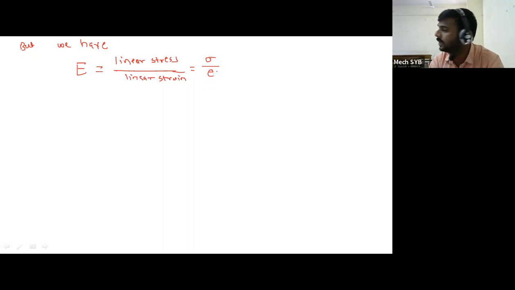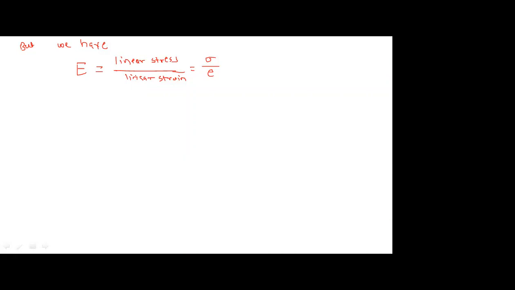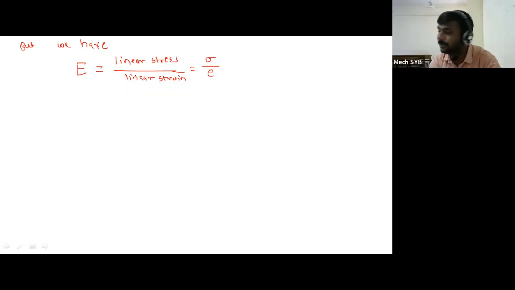As per the definition, Young's modulus is equal to stress upon strain. This is the common definition. But linear stress upon linear strain is called the Young's modulus. Shear stress upon shear strain is equal to modulus of rigidity, and volumetric stress upon volumetric strain, which one was that? Bulk modulus K. These three definitions should be memorized by heart. Linear stress upon linear strain, Young's modulus.